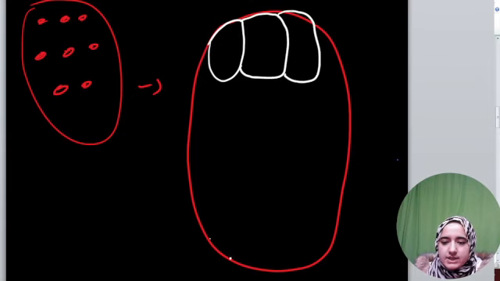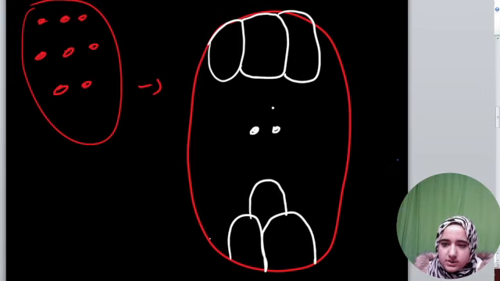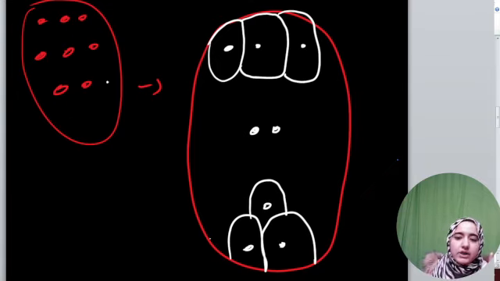Then we have 3 cells here like this: 1, 2, and 3. Here we have 2 nuclei. Inside them we have their own nucleus. Now please count. We were having 8 nuclei, 1, 2, 3, 4, 5, 6, 7, 8. Here how many nuclei do we have? 1, 2, 3, 4, 5, 6, 7, 8, right?